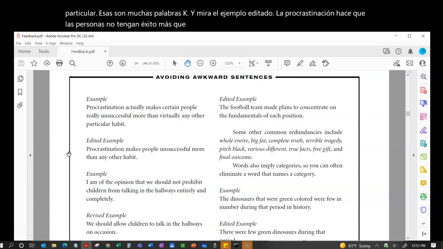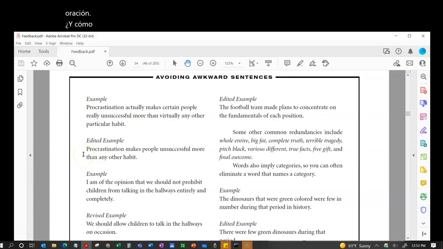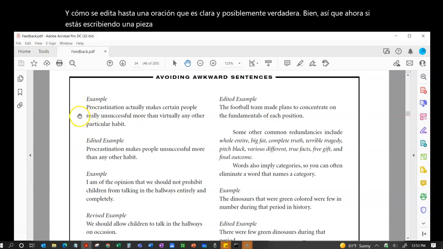Nice and clean, okay? So take a moment and look at all the unnecessary words that are in that sentence and how it's edited down to a sentence that is clear and possibly true, okay? So now if you're writing a persuasive piece, because you've taken out all of that unnecessary stuff, you might actually get agreement with your sentence.